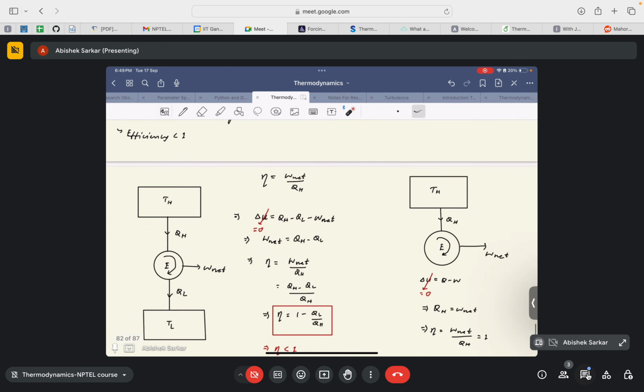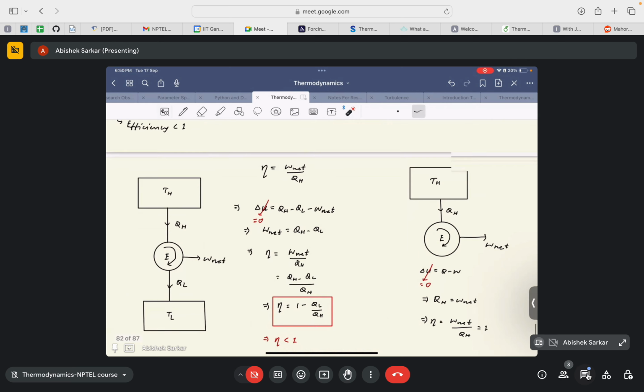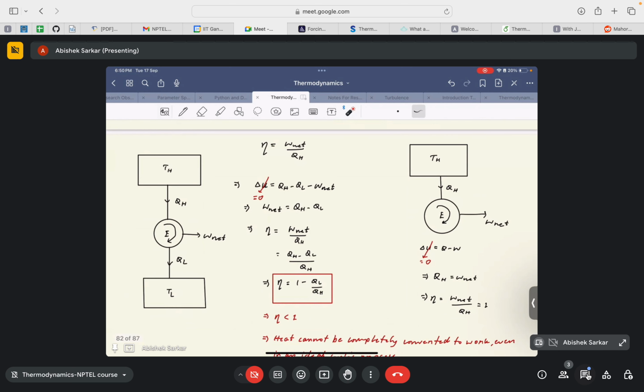So let us consider a PMM, where we can see that the system E is interacting with only a single thermal reservoir at a temperature of TH, getting a heat input of QH, and this heat input is being used to produce a net work of W net. Since this is operating in a cycle, we can write Q equal to W because there is no net change in the internal energy.